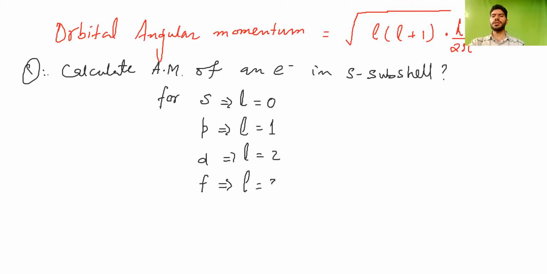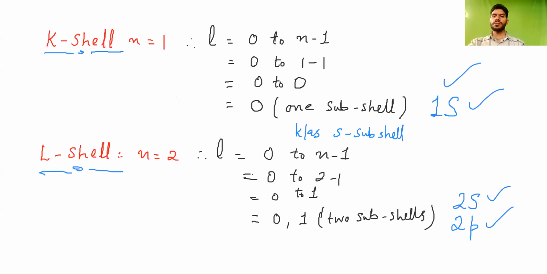Where have we got this? We have actually got it from these. For example, here you can see that when we are having 1S, only S subshell, the L value is 0. Then we are here having 2S, 2P, so we are having two values.